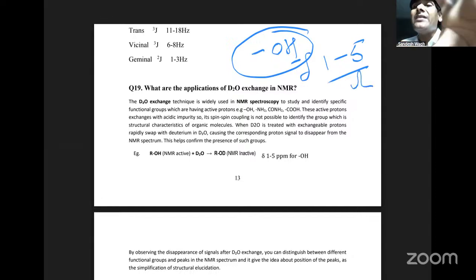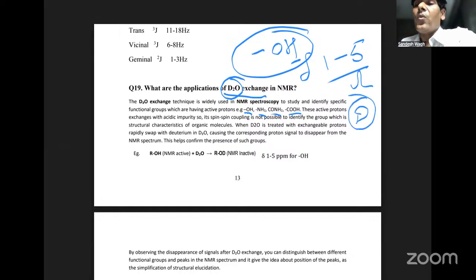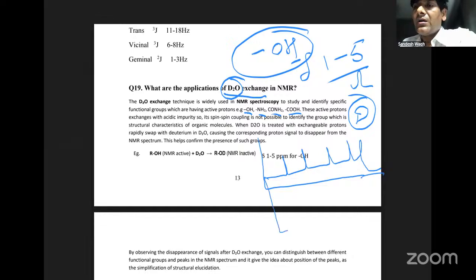To identify such active proton containing species like OH, NH2, amide, or acid, we need to treat them with D2O, and that D2O, deuterium, is inactive in proton NMR spectroscopy. When we record the normal NMR, suppose we have multiple peaks and we are confused about which one belongs to the proton.